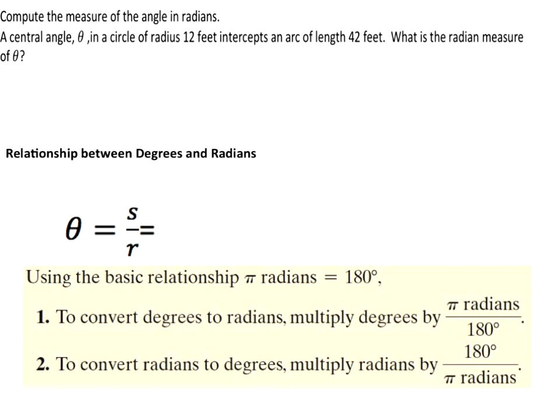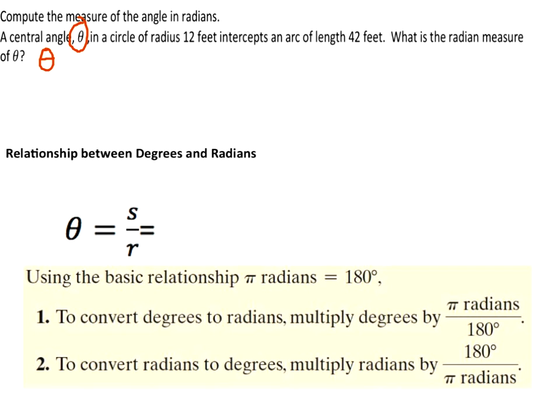Okay, so computing the measure of an angle in radians. I'm given some information about a particular angle here, angle theta. That's the Greek symbol theta. You can just draw a circle with a line through it, and I'll know exactly what you mean.